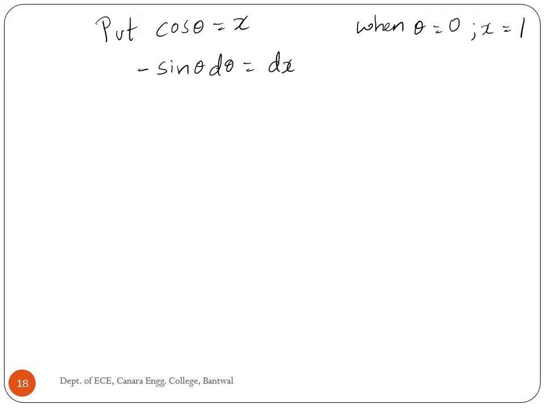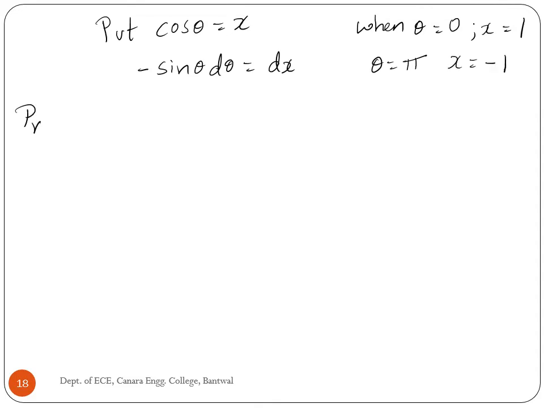Put cos theta equal to x, minus sin theta d theta is equal to dx. When theta equal to 0, x equal to 1. When theta equal to pi, x equal to minus 1.